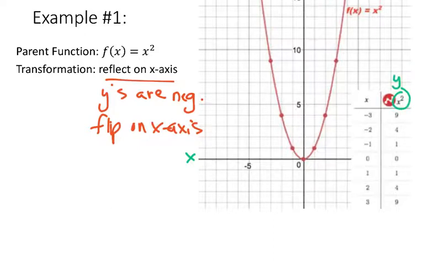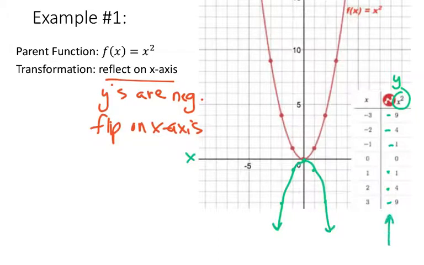So instead of -3, 9, it's -3, -9, and -2, -4. So all of these, except 0, because 0 can't really be negative, all become negative. And so officially, you're still at 0, 0, right? That can't be negative. But we're going to have these pieces. And then 1, 2, 3, 4, this piece. And so it is going to be reflected on that x-axis.